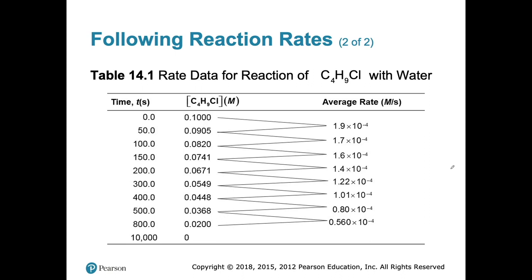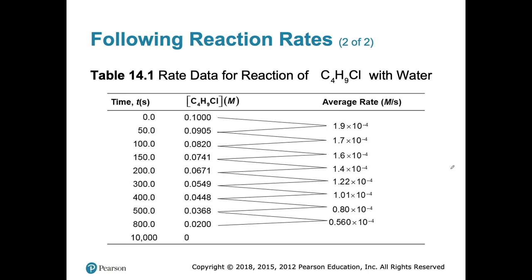At 50 seconds it's 0.905, at 100 seconds it's 0.820, at 150 seconds it's 0.074, and so on. It goes down because over time you change all of that chlorobutane into butanol and hydrochloric acid.